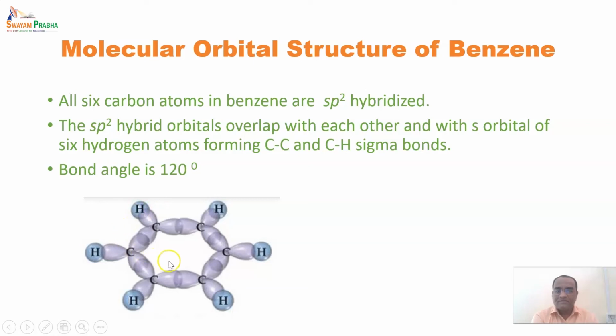This structure is specifically for the sigma type of bonds. Here no pi bonds have been shown; I will show the pi bonds later on. So this is indicating the sigma bonds.